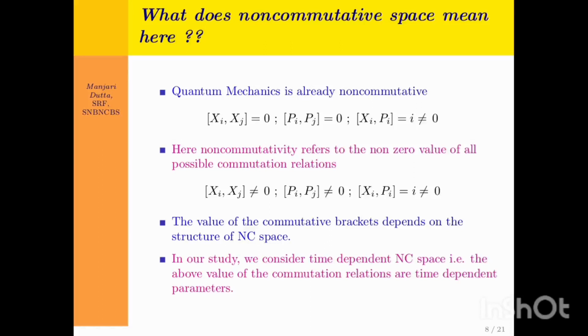But in ordinary quantum mechanics, the commutation relations among the position operators are zero, and the same thing happens for the momentum operators also. Here, for our purpose, non-commutative space means that all the commutation relations are non-zero, and the non-zero values of these commutation relations will differ according to the structural form of the non-commutative space.